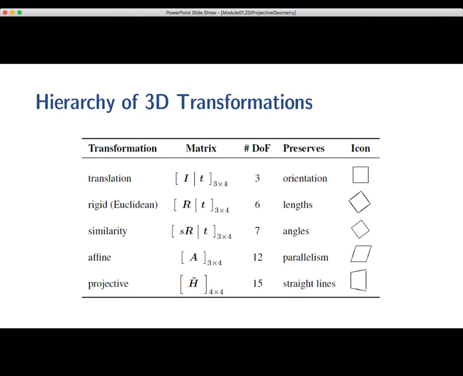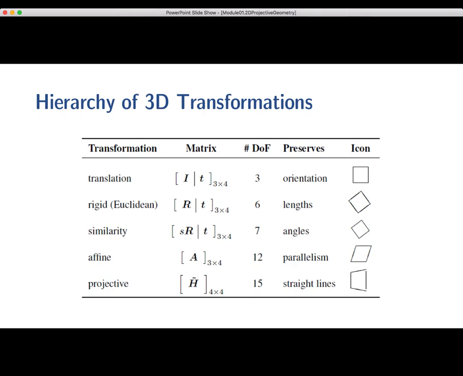Then the general affine transform in P3 space is a 3 by 4 matrix that has 12 degrees of freedom and it preserves parallelism. So parallelity of planes will now be preserved under an affine transform. It will be like I have a cube and I squish it like this, skew it like this, but the planes remain parallel.